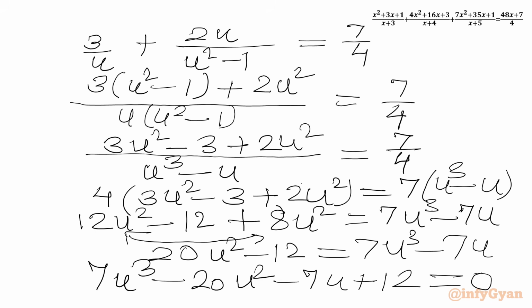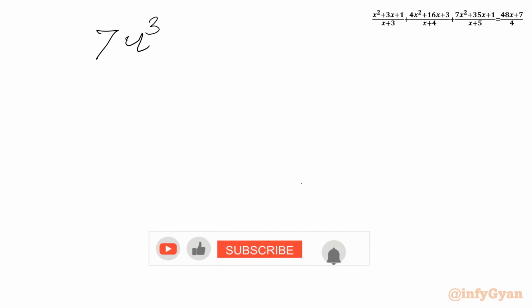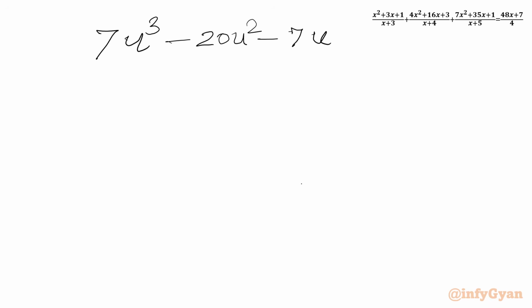We can think about rational root theorem and synthetic division method. So we will write the equation first: 7u cube minus 20u square minus 7u plus 12 equal to 0. Now we have to find eligible factors of constant 12 and eligible factors of leading coefficient 7.